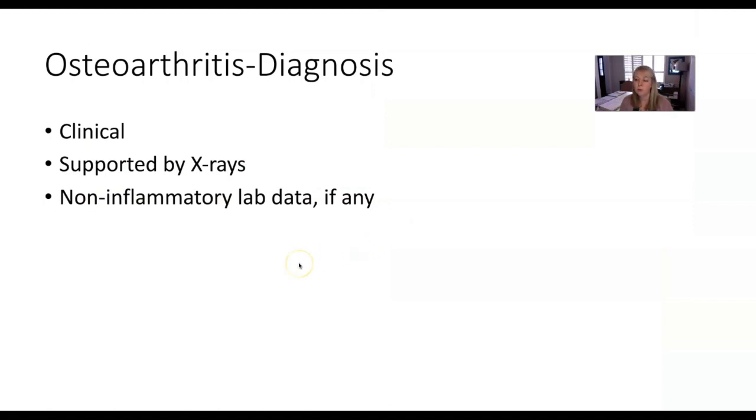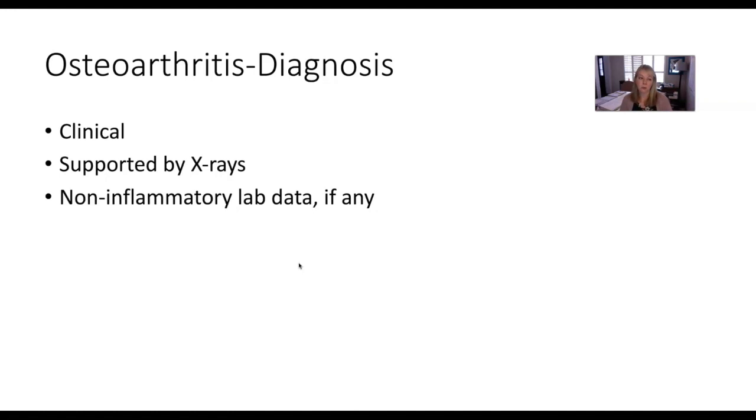How do you diagnose it? Usually it's just by a history and it's supported by x-ray. If somebody comes in and you take a really good history, remember, you can tell what their diagnosis is about 80% of the time by doing your history, before you even do an exam. So an elderly or even middle-aged patient comes in with bilateral knee pain or just single knee pain, or wrist pain.